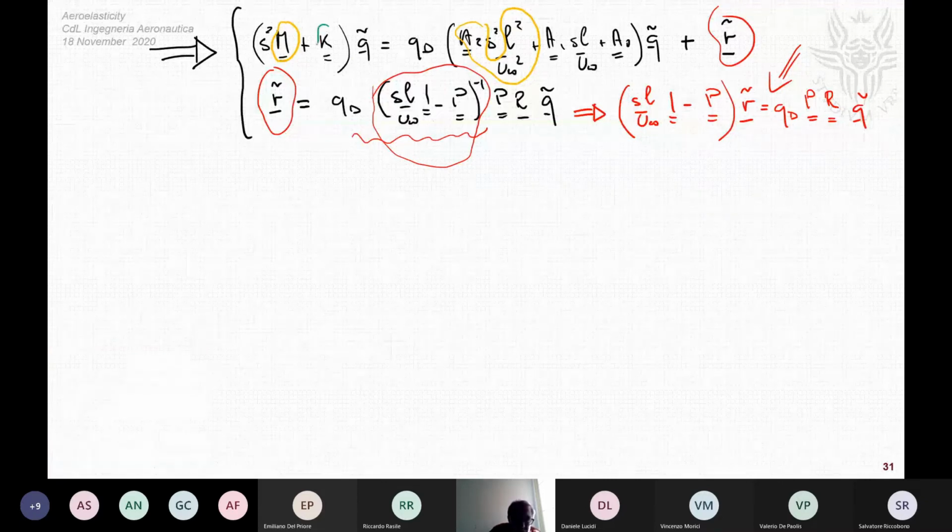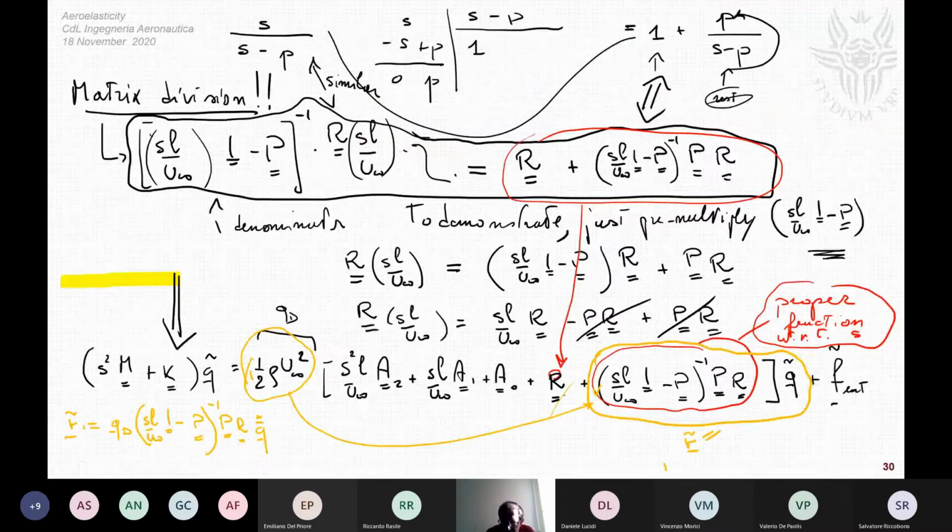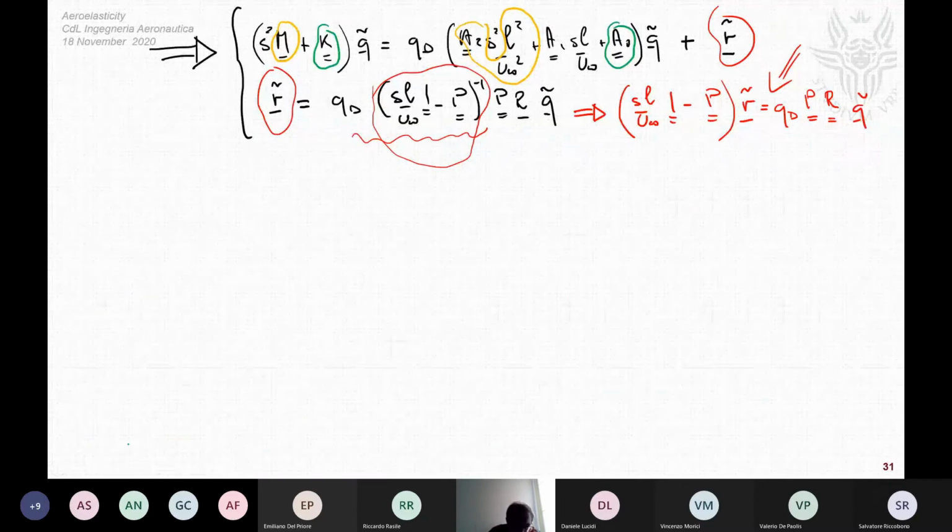We have a stiffness, but we have also a stiffness here. And excuse me, I forgot this R. This R. And so we have also R matrix plus Q D R by Q. And so we have a stiffness contribution here, here, and also here.